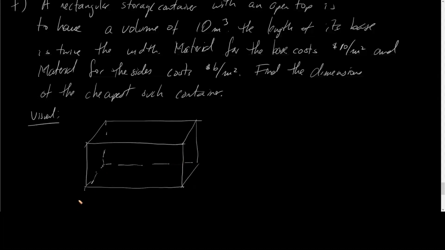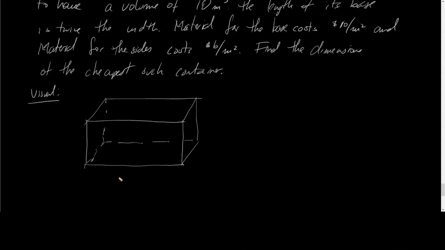All right, and what do we know about this box? We've got that this is the length, this is the width, this is the height. All right, the length is twice the width. All right, so that's similar to the last problem, but here's where this is different. In here, we've got an open top. All right, so that means that we're not going to consider the top of this box when we're trying to come up with our optimization problem here.